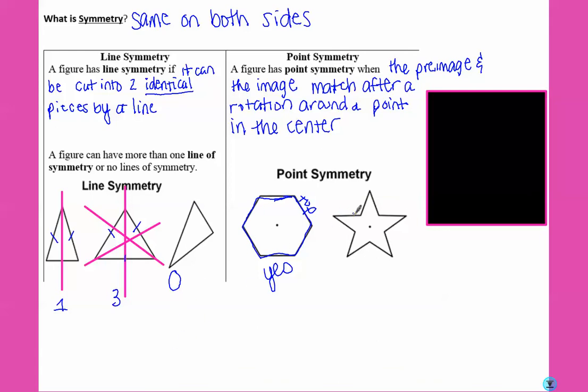So let's try it with the star. Here's the top.